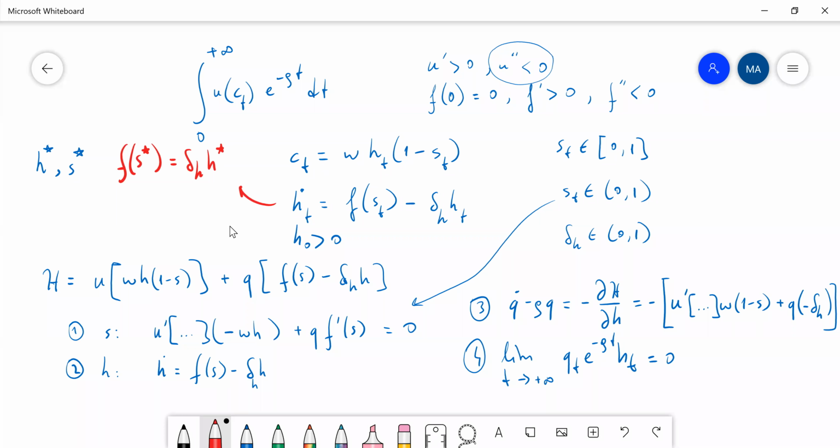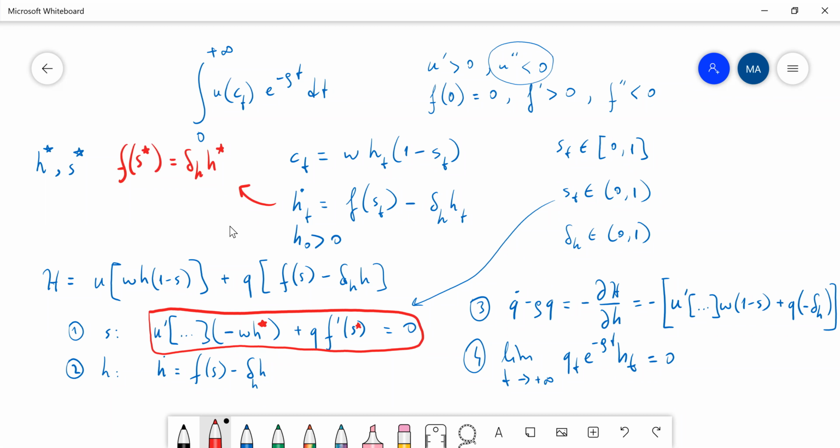By this equation. In a steady state, I will have something like this. Then, in that steady state, I will still be satisfying this equation.